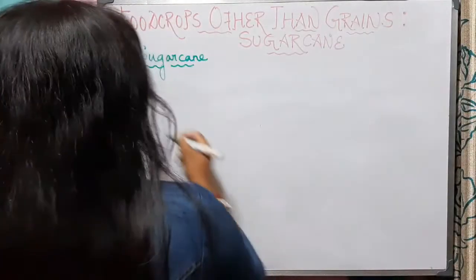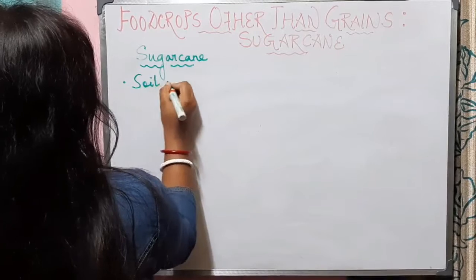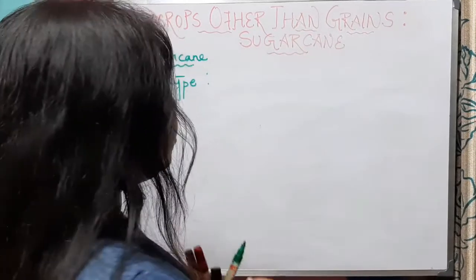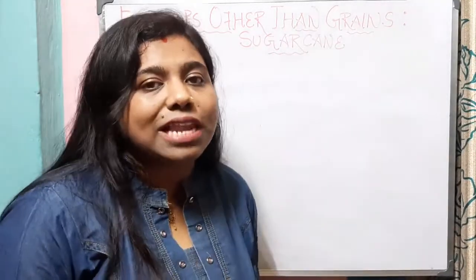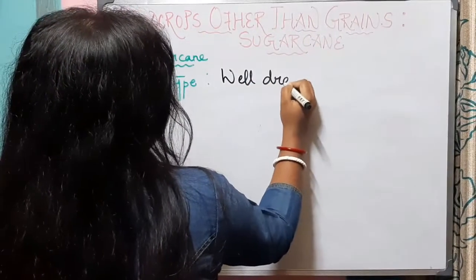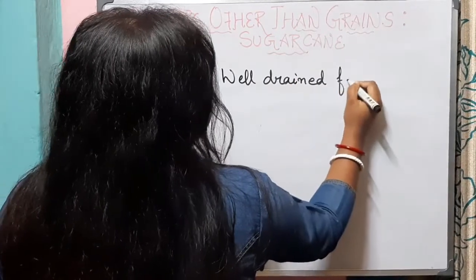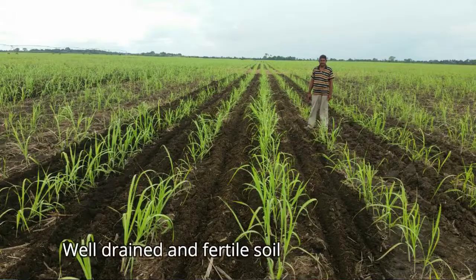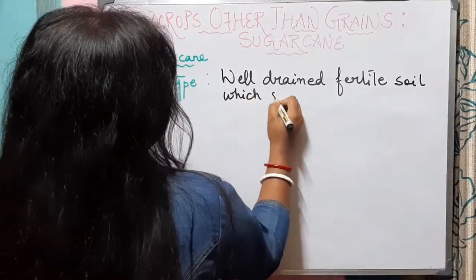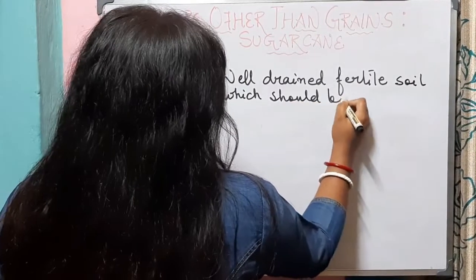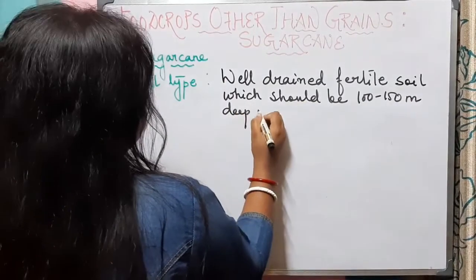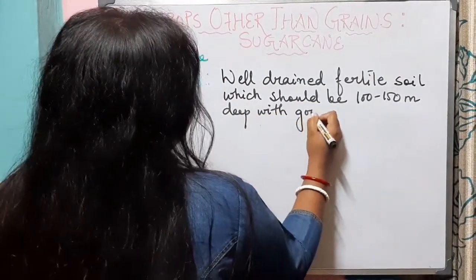Sugarcane can be grown in any class of soil, but the soil should be well drained and fertile, which should be 100 to 150 meters deep, with good drainage.